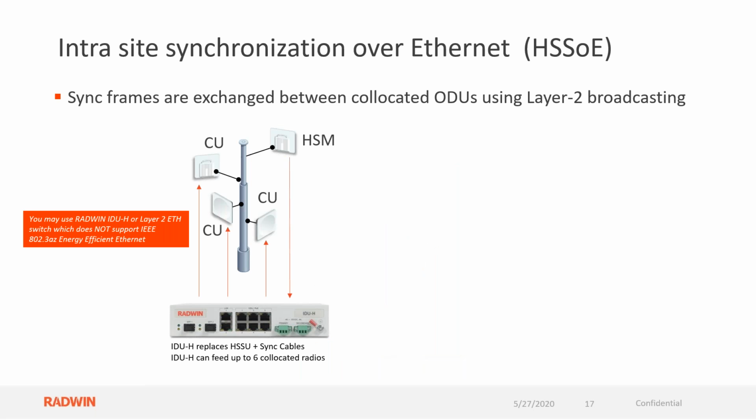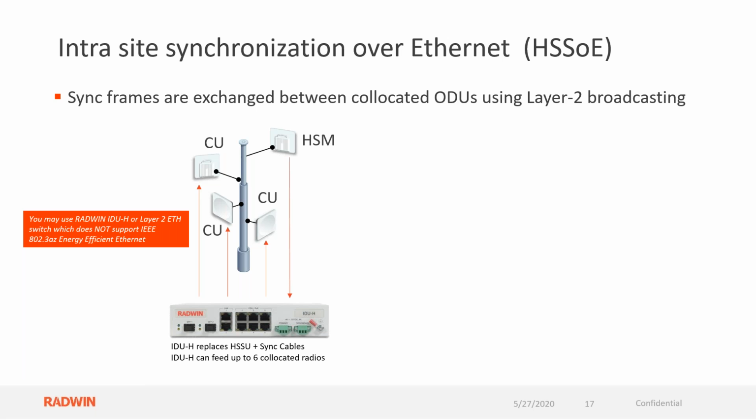The recommended, popular and useful synchronization is over Ethernet, where we provide a broadcast of Ethernet packets to synchronize RADWIN radios on the same tower.